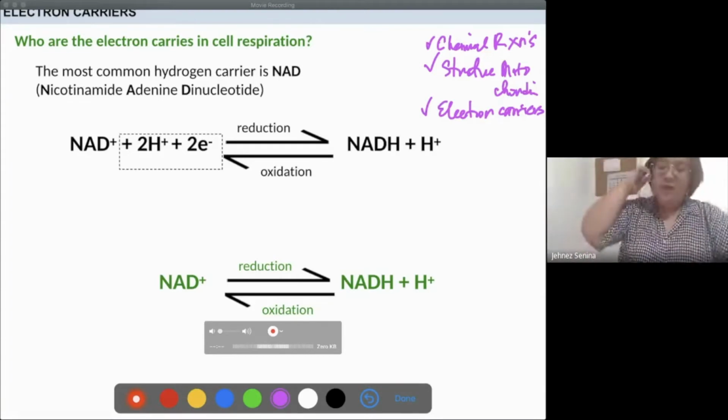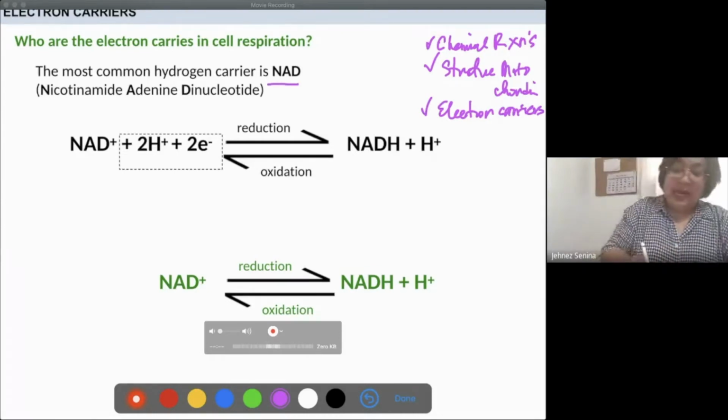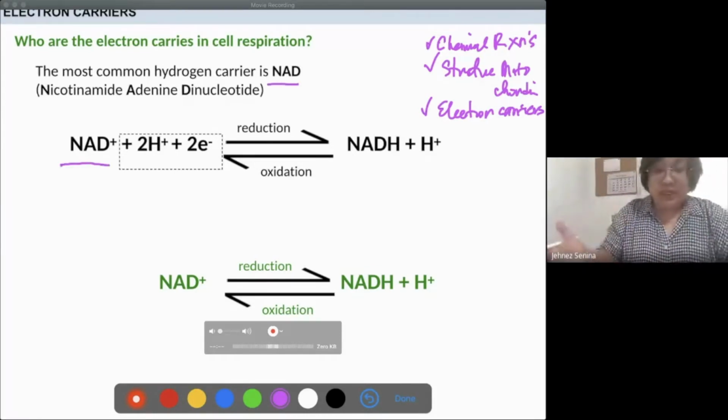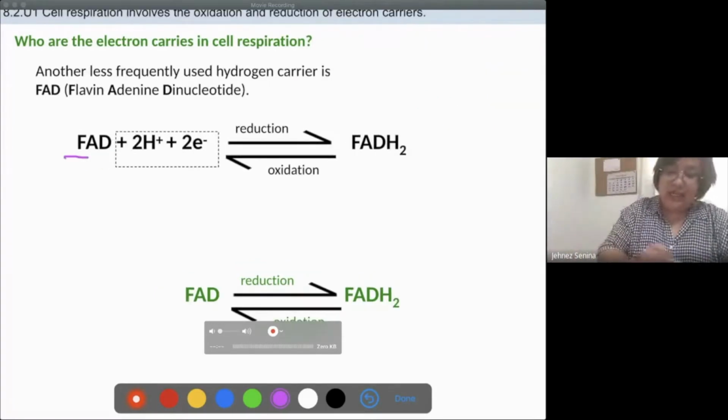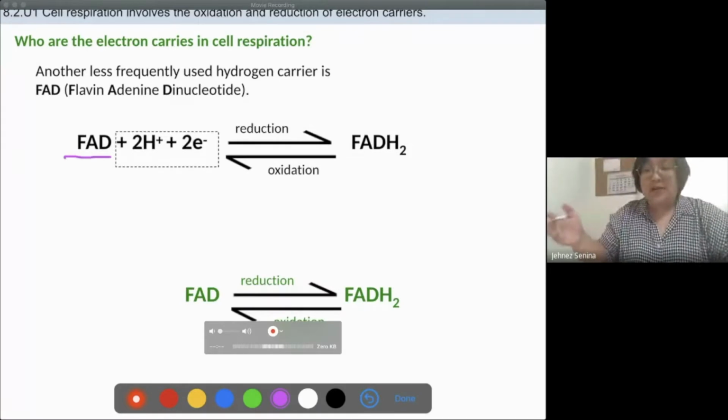We have two electron carriers for cell respiration: NAD plus, or NAD, since the book used NAD, it's the same as NAD plus, and also FAD. So NAD and FAD.